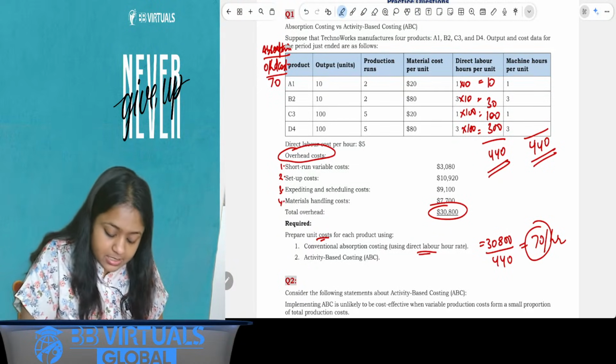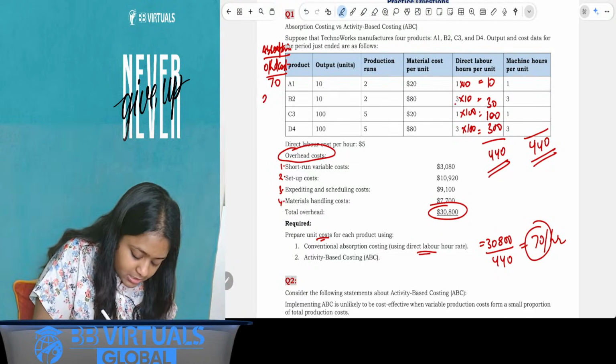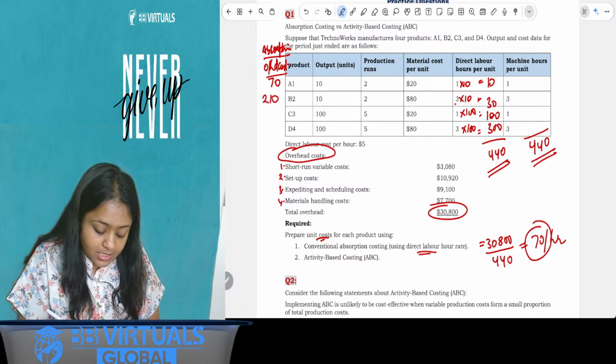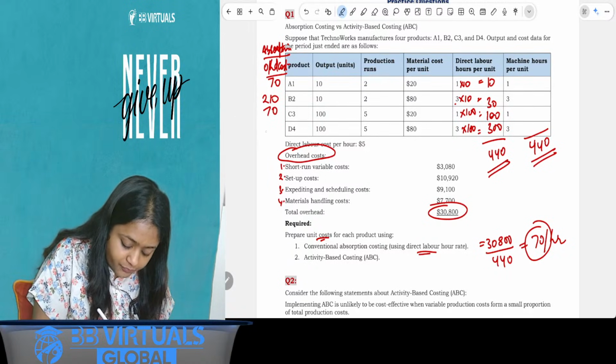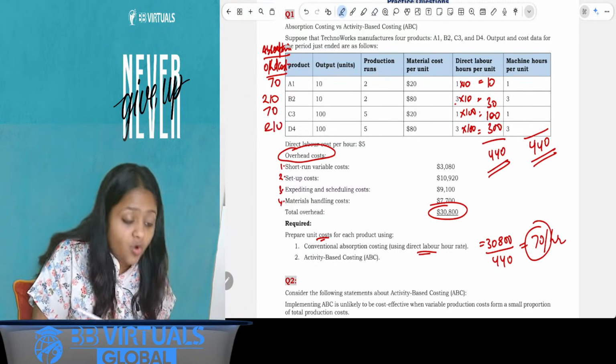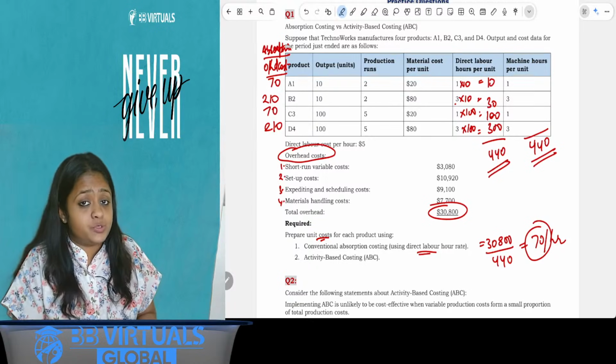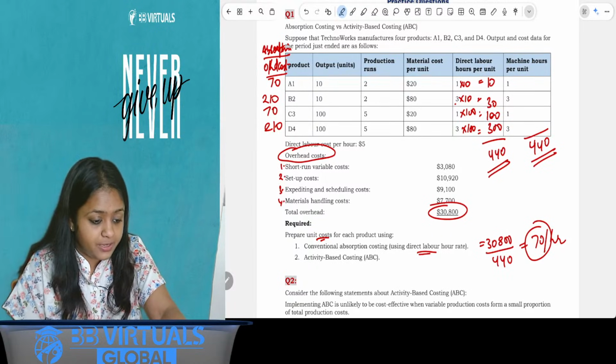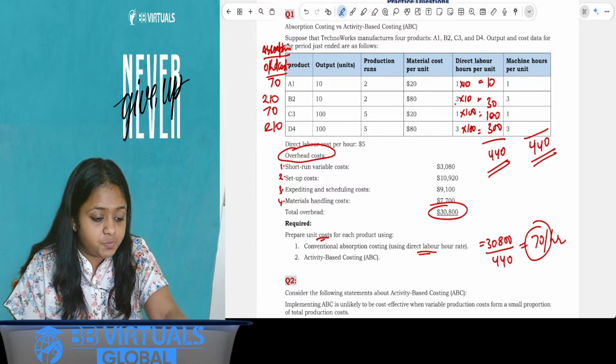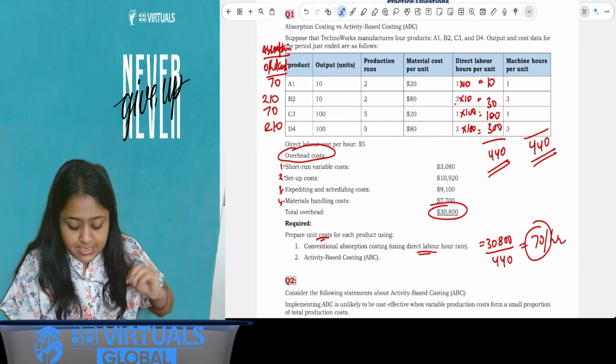B2 requires 3 hours, so 70 into 3 is 210. C3 requires 1 hour, 70, and D4 requires 3 hours, so it will be again 210. I've got the overhead cost per unit as per the absorption costing system. Clear? Now let's get the overhead cost per unit as per the ABC costing system.